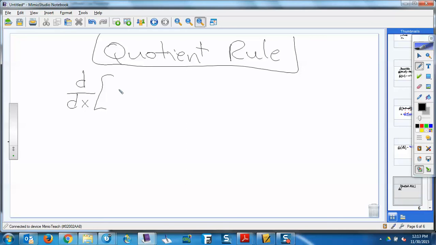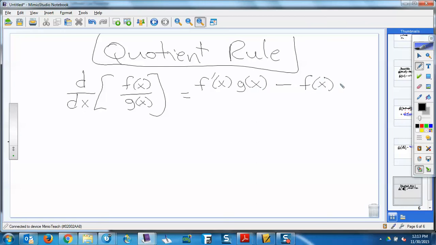So the derivative of f of x divided by g of x is f prime of x with the g left alone minus f of x times g prime of x, and then on the bottom is g of x squared.